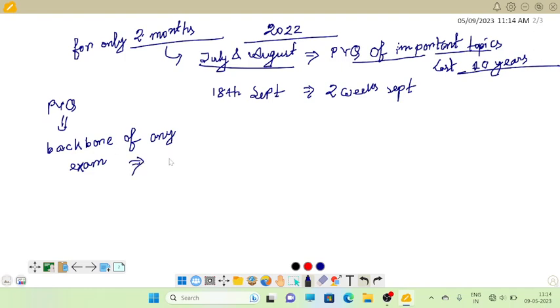If you do PYQs, you will know from which part they are asking questions: important topics, important areas, important chapters, important formulas. I got that idea from solving PYQs.